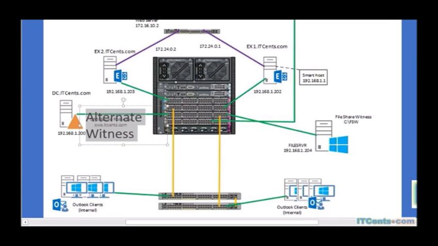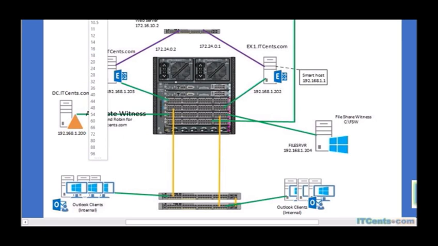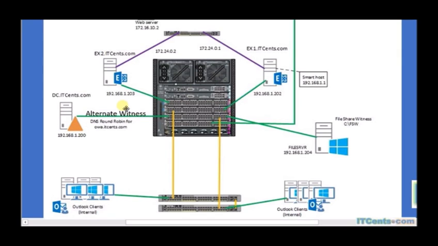I have no choice because I don't have any other server. I have just 4 servers. And I will lose EX2 and the file server, so EX1 and the DC will be the remaining ones. It's a lab environment, so I can use the DC as an alternate witness. In a practical environment, I won't recommend using a DC as a witness or alternate witness.